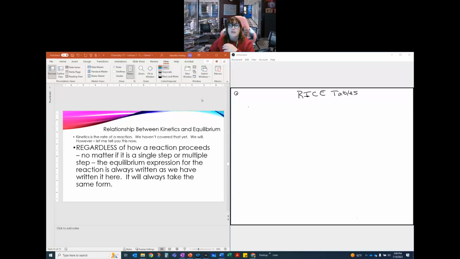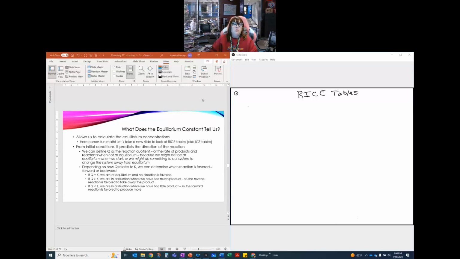I want to make sure that I talk about that because we'll talk about it again, but it is in this chapter and I want to make sure you know. One of the other things that we need to be able to talk about is what the equilibrium constant tells us in terms of do I have a lot of product or a little product when I'm at equilibrium, or am I roughly equal between the two? That's great. We can do that.